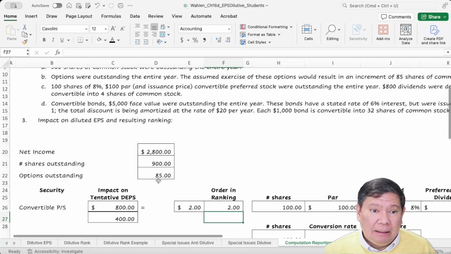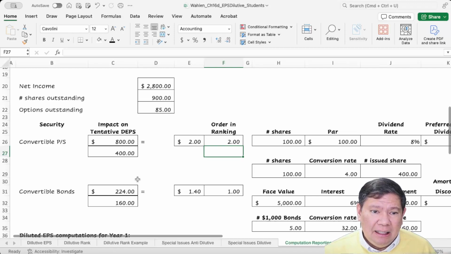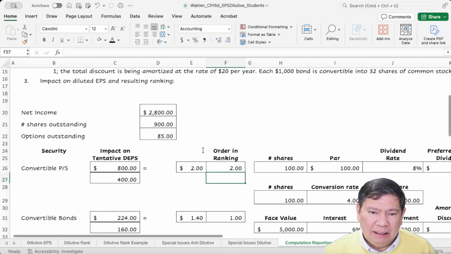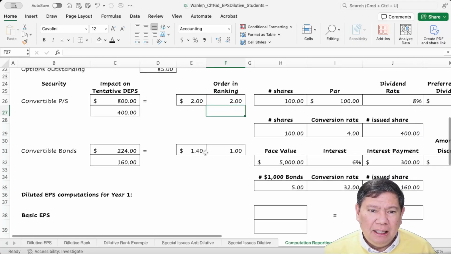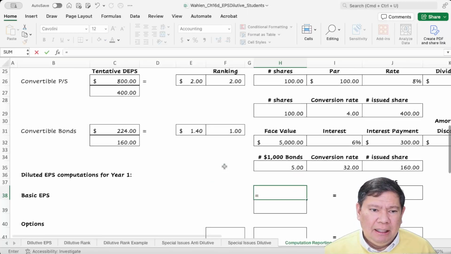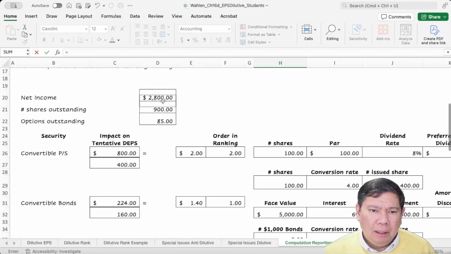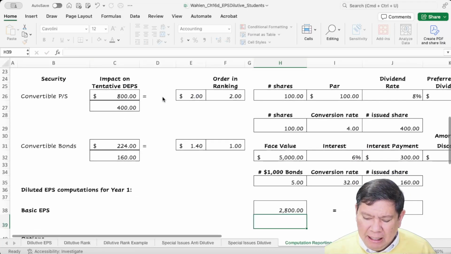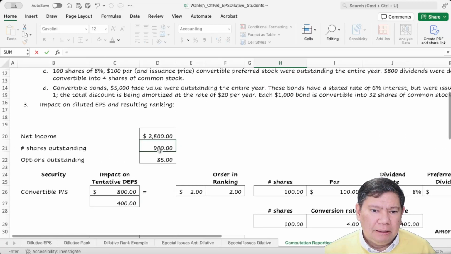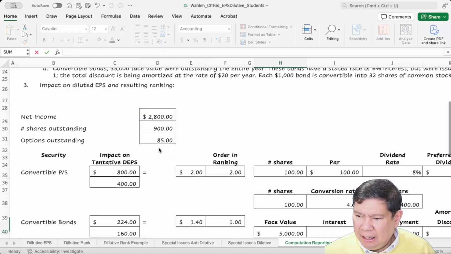But before this, we have to first assume the options are converted because that's dilutive. Basic earnings per share is net income divided by shares outstanding, 900.